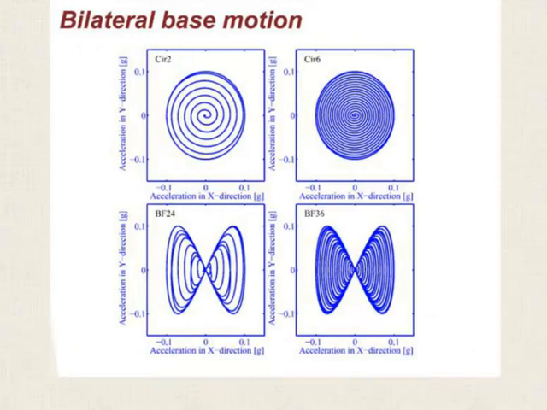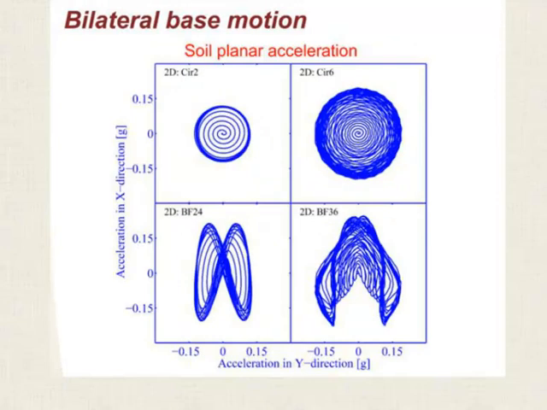Then we move on to examining the effect of bilateral base motion. So we take our structure and its foundation and the soil and subject it to different base motions. We have circular motion, and we have this butterfly shape. This is a snapshot of the computed soil planar acceleration near the surface.